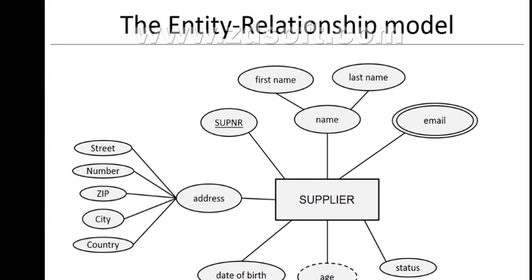Supplier number is underlined since it is the key attribute type. The double line for the email attribute type indicates that it is multivalued. Finally, the dashed line for the age attribute type indicates that this is a derived attribute type, calculated based upon birth date.